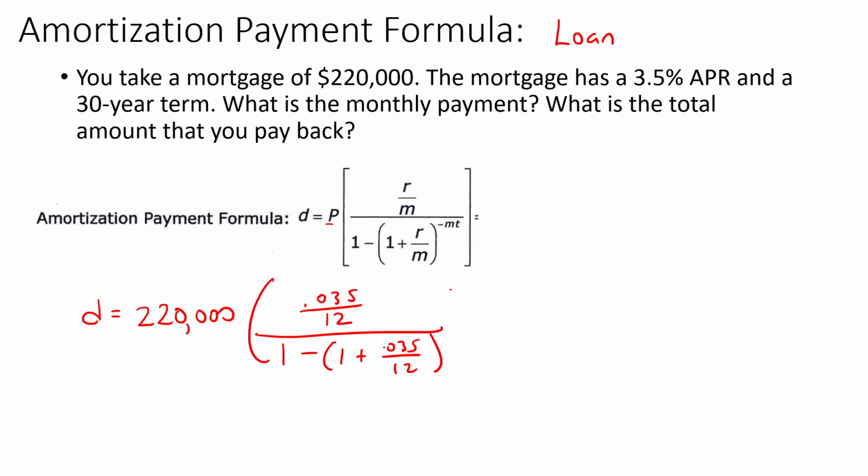And then just again, be careful of this negative sign here, raised to the negative 12 times 30, which I'm just going to immediately turn into negative 360.